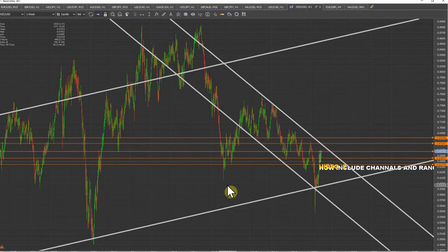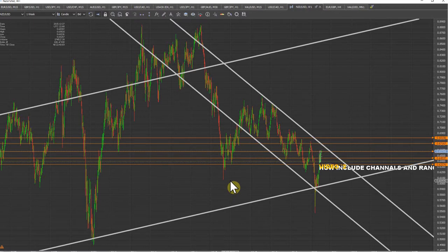Okay, so one thing to understand, the primary trend is the larger trend, and it usually lasts more than a year. The secondary trend is an intermediate trend when the primary trend is retracing. The minor trend can appear at any time, and that's just a short-term trend.